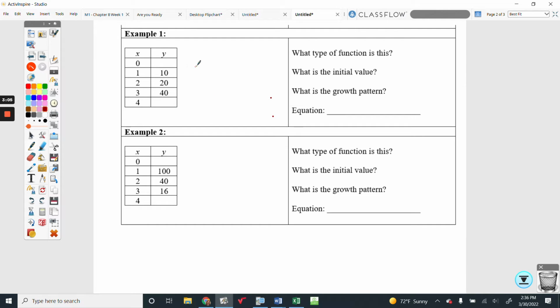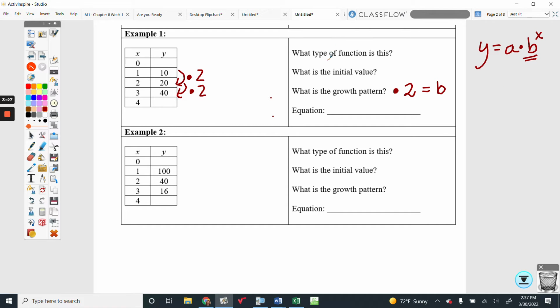It's multiplying by 2 and then multiplying by 2. So my growth pattern is multiply by 2. And that is our b value for our equation, if you recall, y equals a times b to the x, where b is the multiplier.